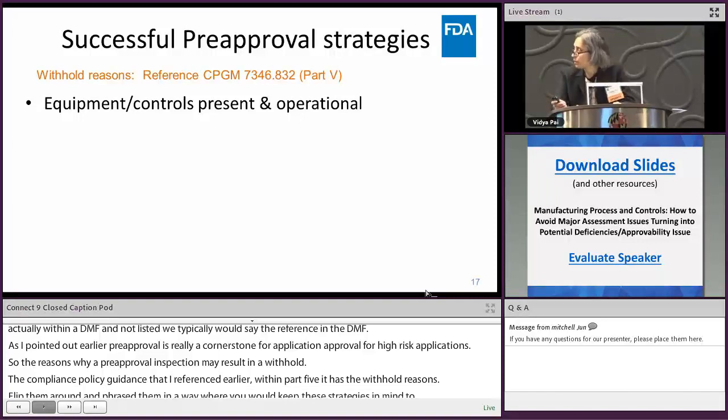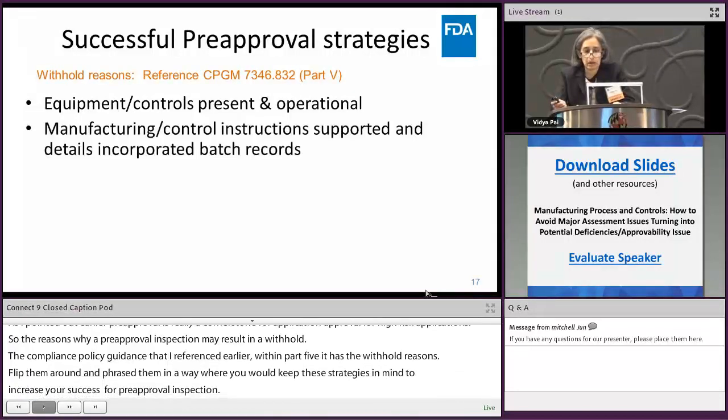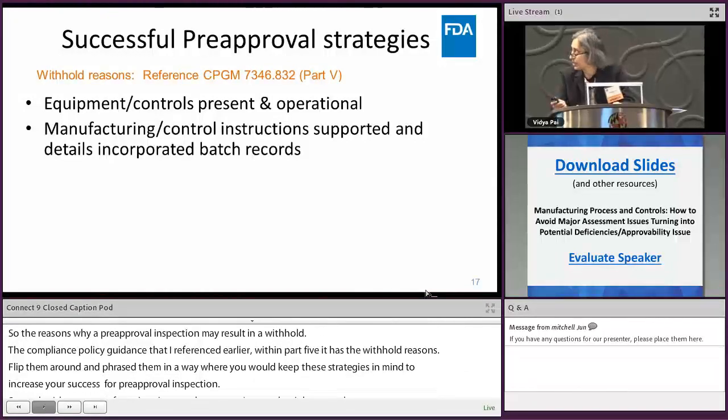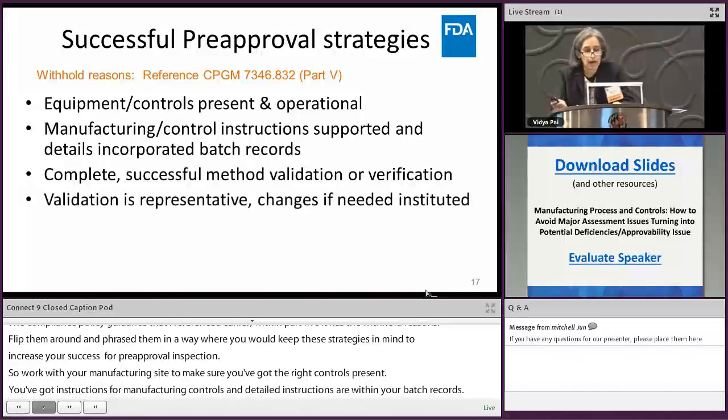So really work with your manufacturing site to ensure you have the right equipment and controls present. They're operational. You have instructions for manufacturing and control, and detailed instructions are incorporated within your batch records, and they're supported by your development studies. Ensure you have complete successful method validation or verification. The validation needs to be representative.